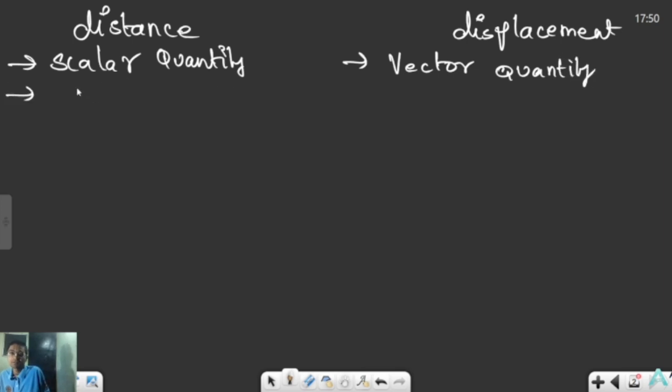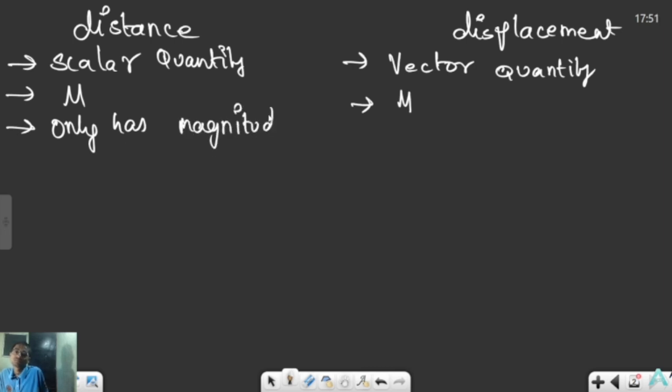And what is the next criterion? Distance, like we know, is a scalar quantity, so it only has magnitude. Displacement has both magnitude and direction.